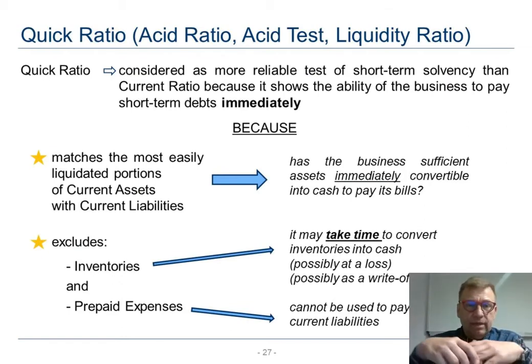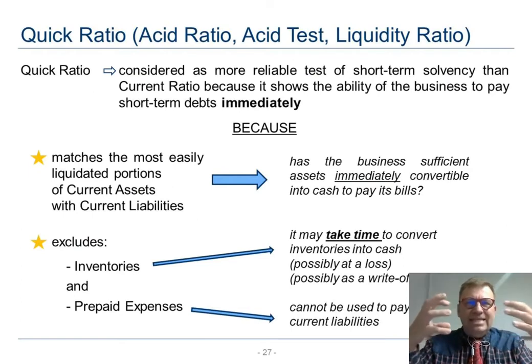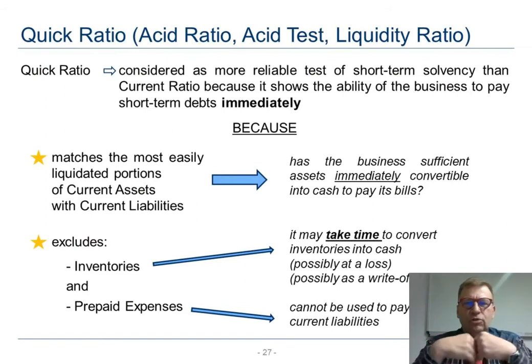It matches the most easily liquidated portions of current assets, what you could as quickly as possible have in cash or convert to cash, and it matches this with current liabilities. So it answers the question: does the business have sufficient assets immediately convertible into cash to pay its bills?